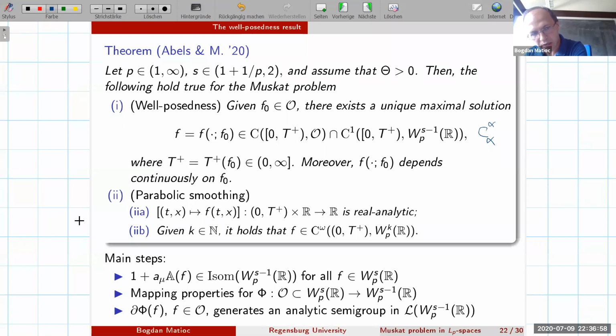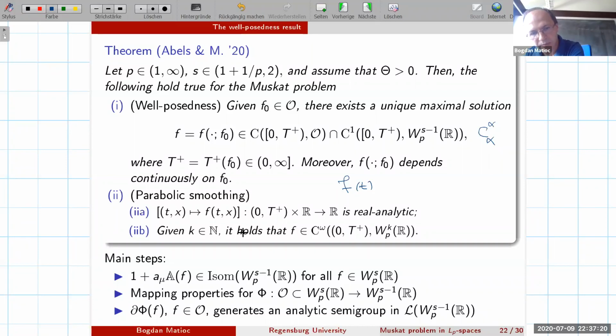And we have, as a second result, a parabolic smoothing property: the map (t,x) goes to f of (t,x) is real analytic for positive times. This means in particular that f of t, the interface, is a real analytic function for all t positive.